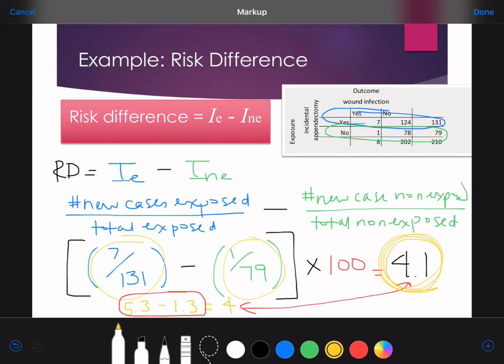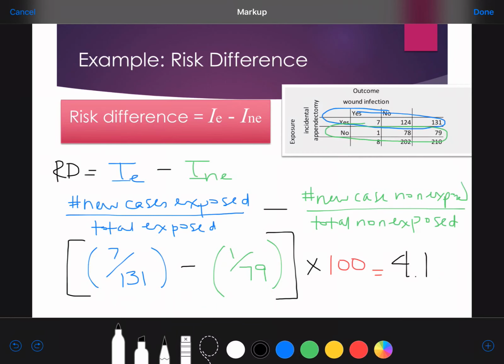So what does it mean to be 4.1? That's not the full answer. We've seen over and over again that 4.1 is not an answer unto itself. So what's the answer? 4.1 cases of wound infection per 100.